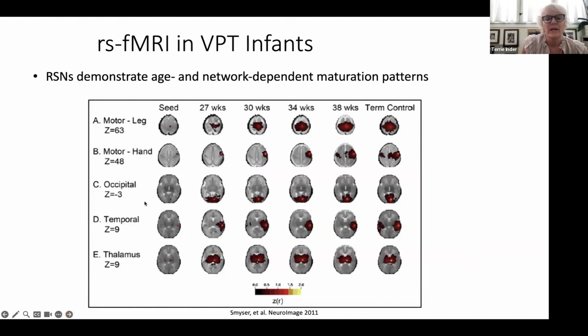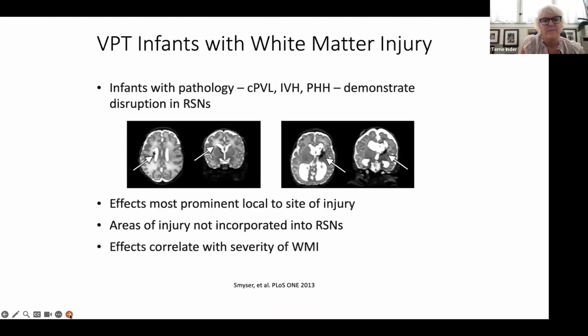But as I've said, we already know this is coming online while they're with us in the NICU, and you can see that these networks are being refined across the period, particularly in this third trimester. So we can see that those networks are coming online when they're in the NICU with us.